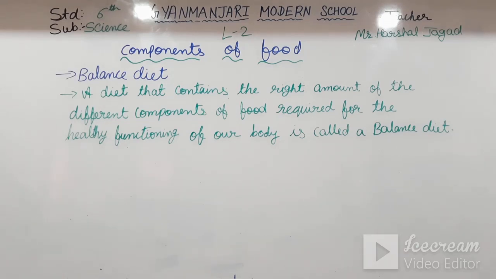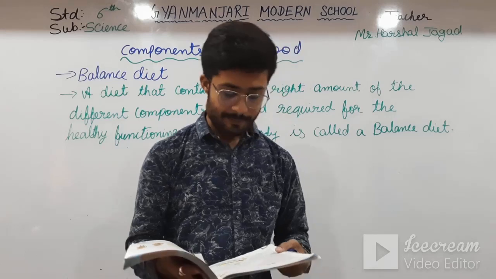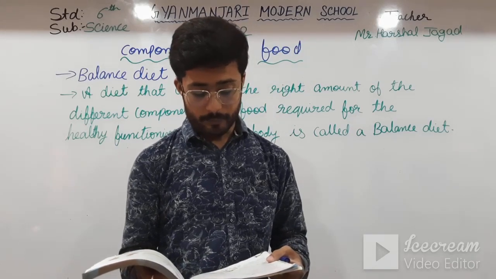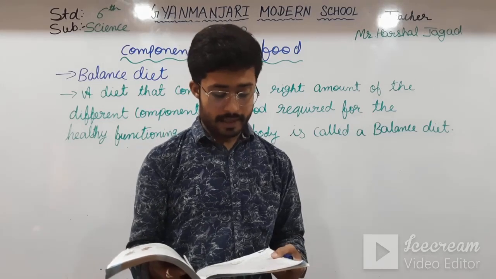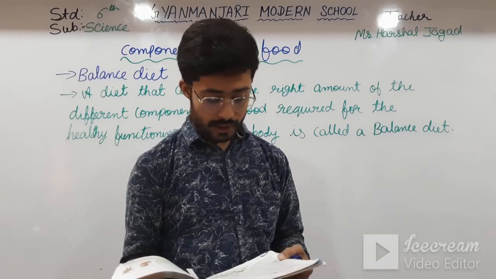Reading it further, we must include the right amount of each nutrient in our daily diet. Our body can perform properly only if the diet contains the correct proportion of all the nutrients.